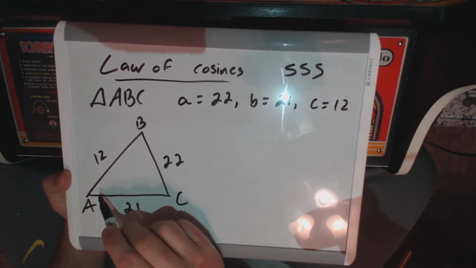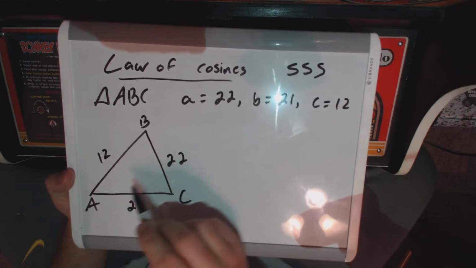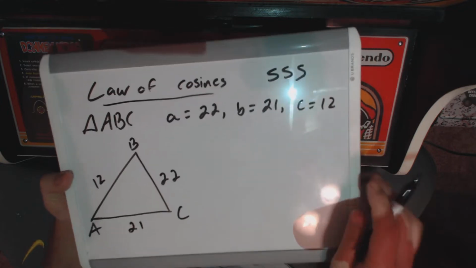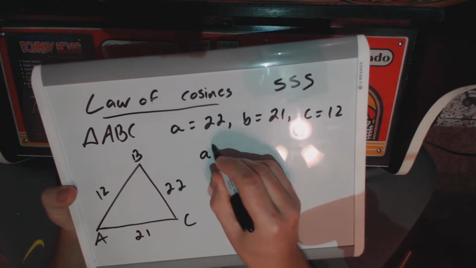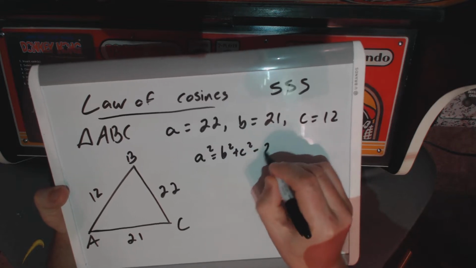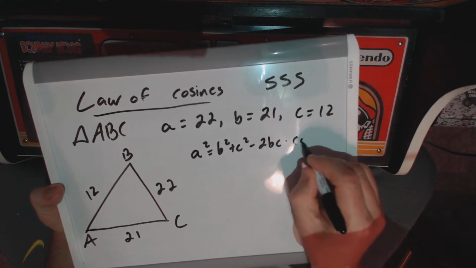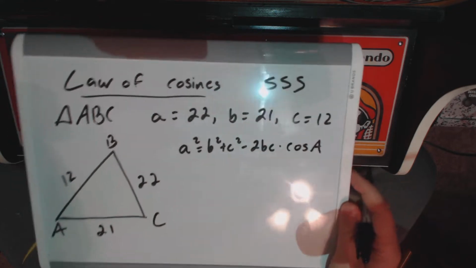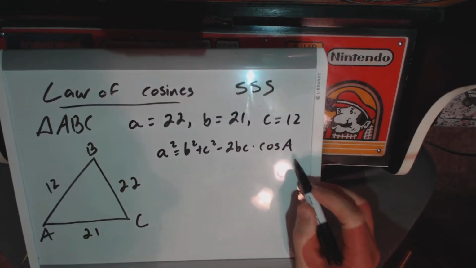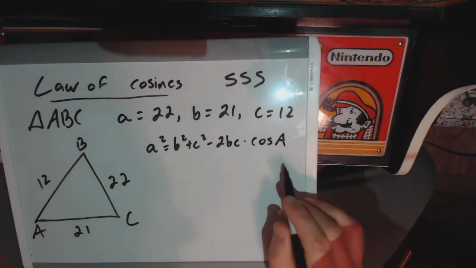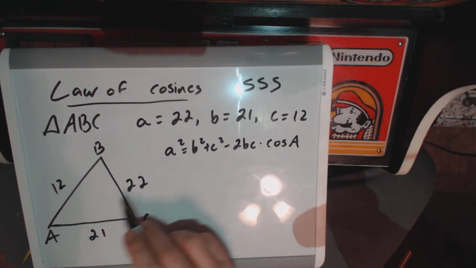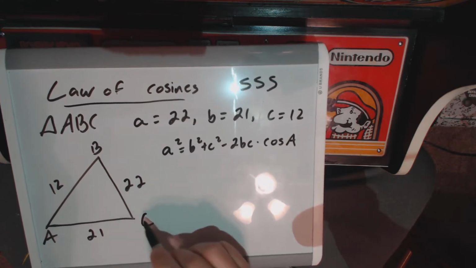So I'm going to use the law of cosines that has the angle A in it. That one goes like this: a squared equals b squared plus c squared minus 2bc times the cosine of A. We have all this information here except for the angle. So I'm going to show you how to solve this for angle A. We have A is 22, B is 21, C is 12.